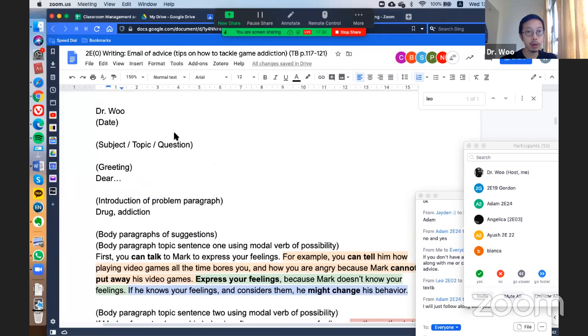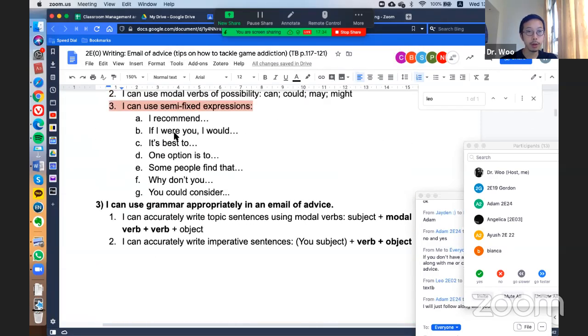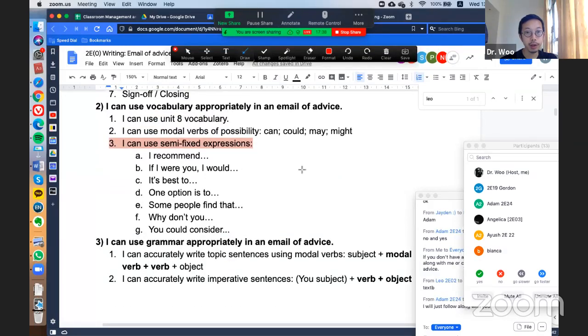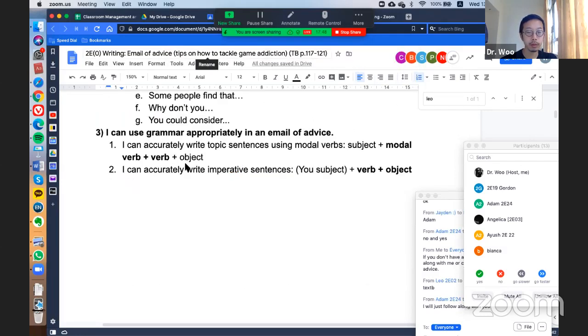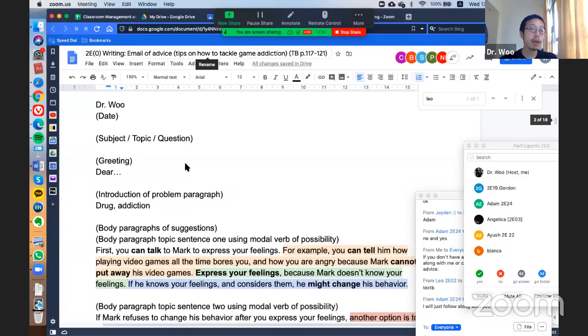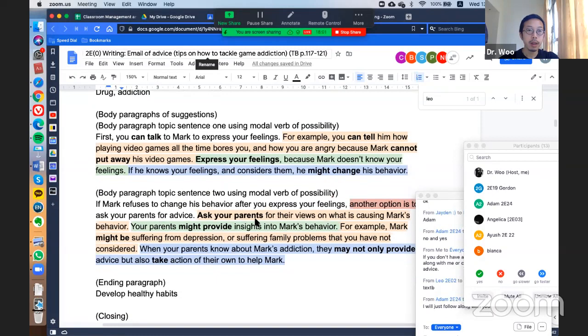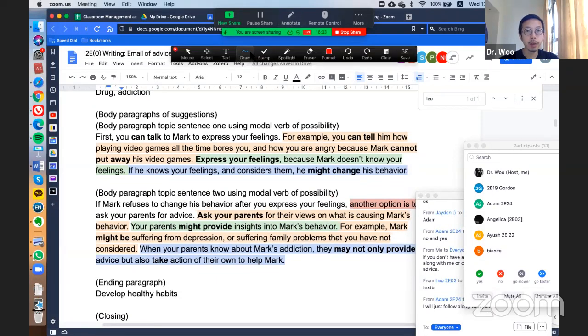Are you able to use semi-fixed expressions and this grammar structure? And then I start developing the topic. A topic sentence introduces the topic, and the topic is a suggestion. Then I provide examples. You see examples in orange.